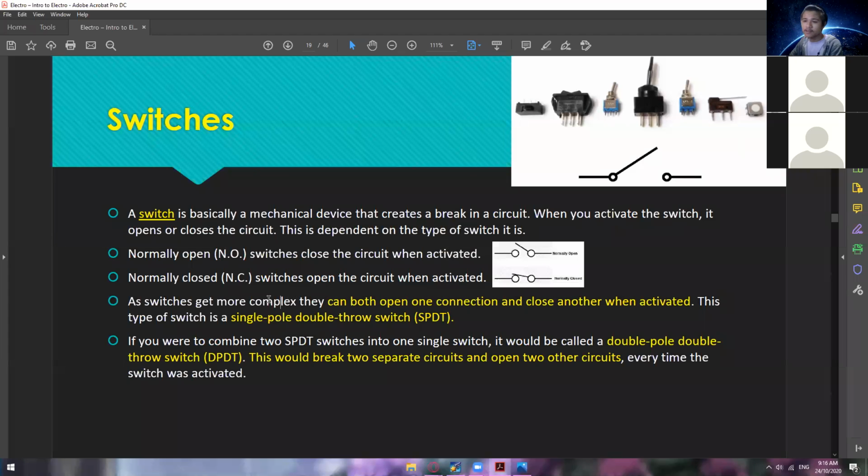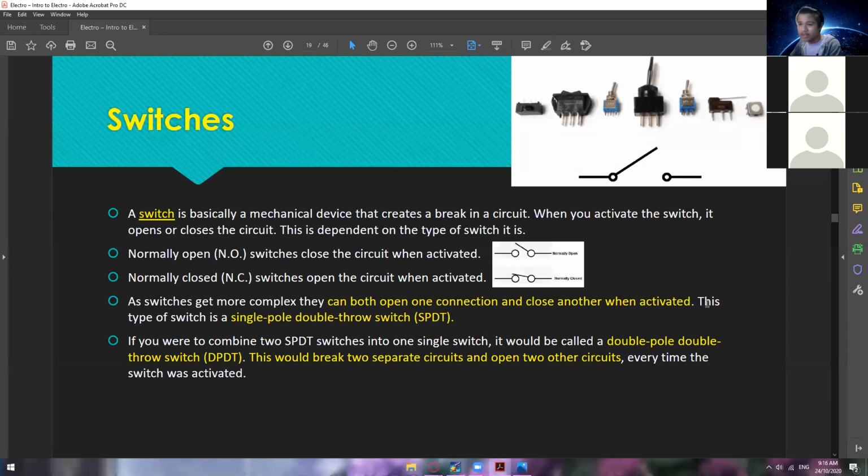As switches get more complex, they can both open one connection and close another when activated. So this is a simple way of doing it, but there are other switches wherein if you close this one, it will open another circuit or another passage.